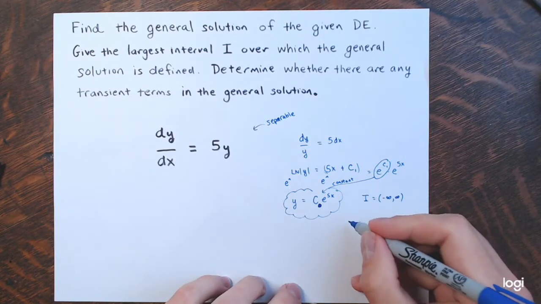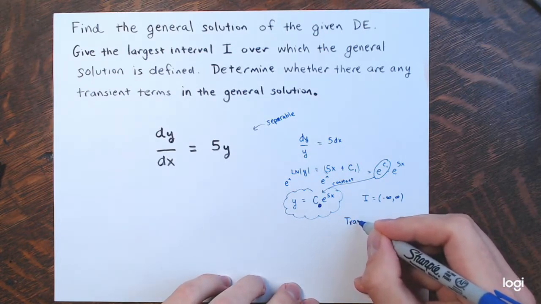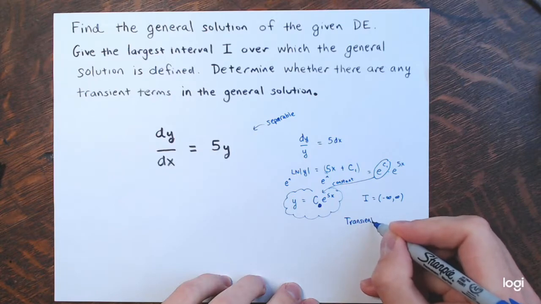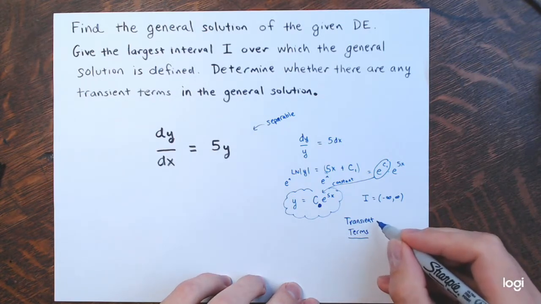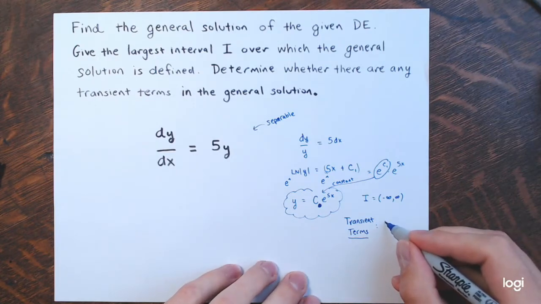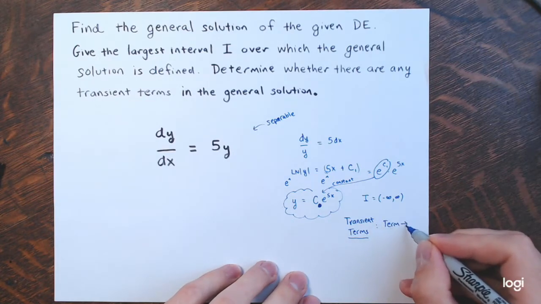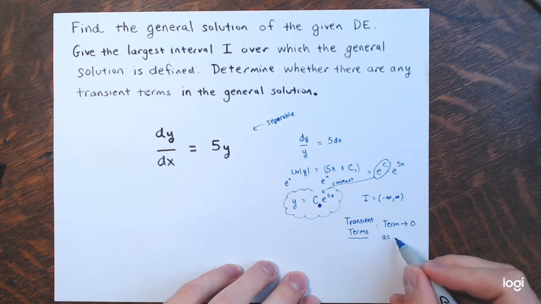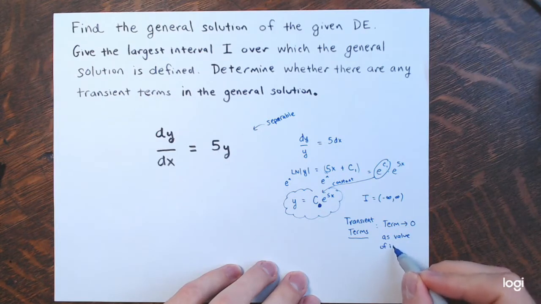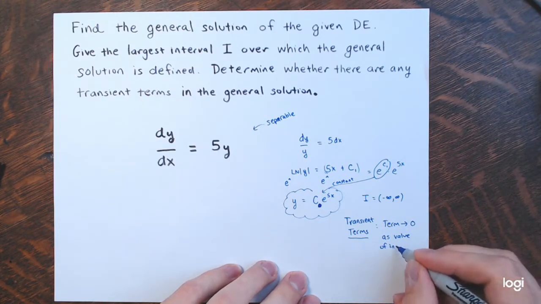And transient terms. Transient terms are the terms that approach zero as the value of the independent variable goes to infinity.